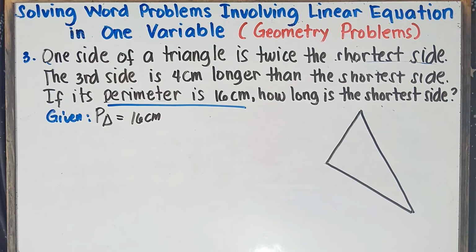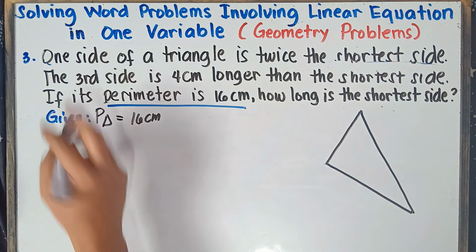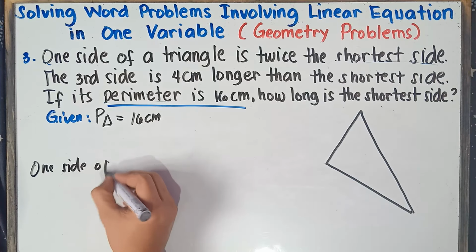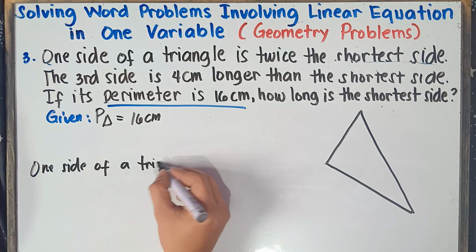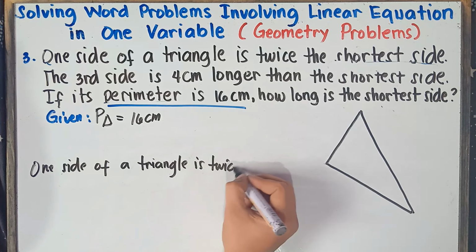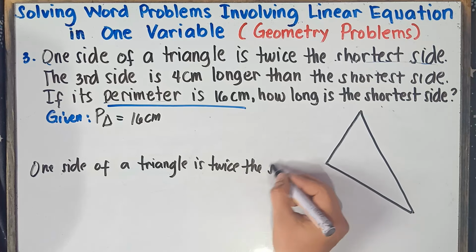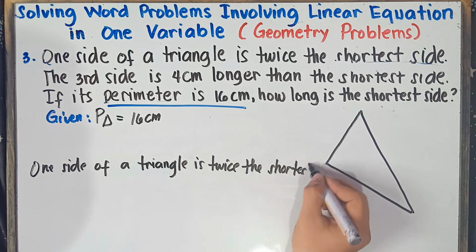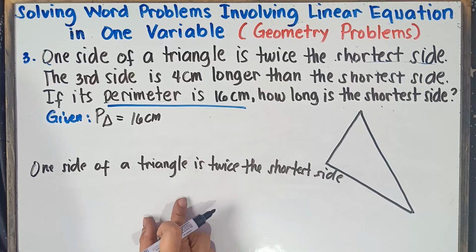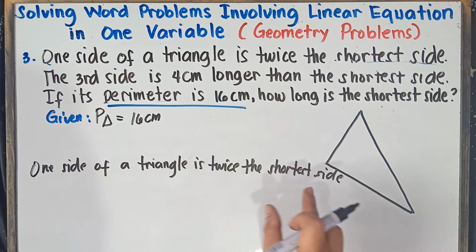Alright. Now it says on the first statement, so let's just write that one, class. One side of a triangle is twice the shortest side. Once again, class, it says in the first statement that one side of a triangle is twice the shortest side.